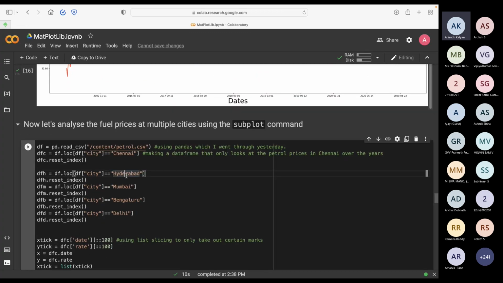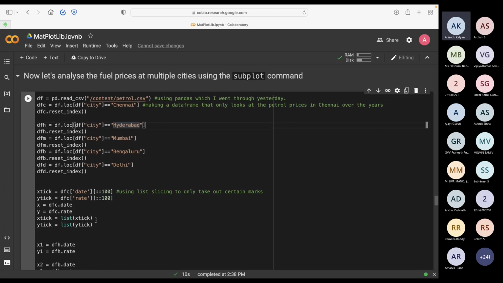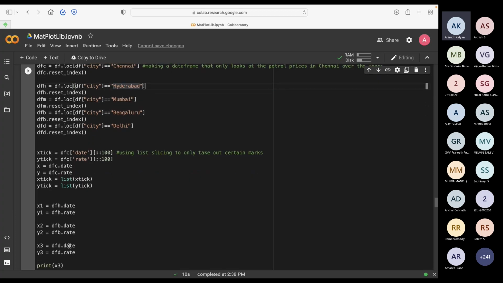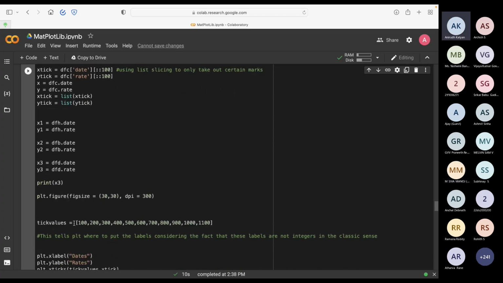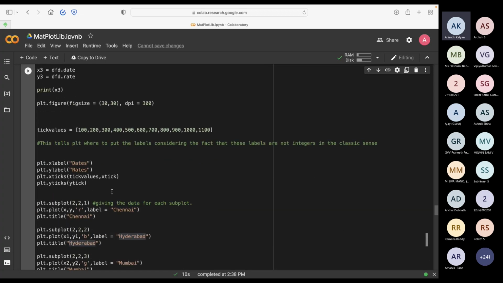Again, like in the previous session, I'm creating 4 separate datasets for Hyderabad, Mumbai, Bangalore, and Delhi. Then I'm doing the exact same process as before, repeating it for Hyderabad, Mumbai, and Bangalore, and giving you the same tick values.